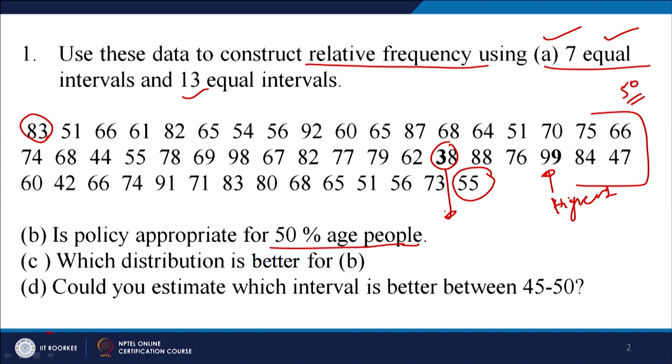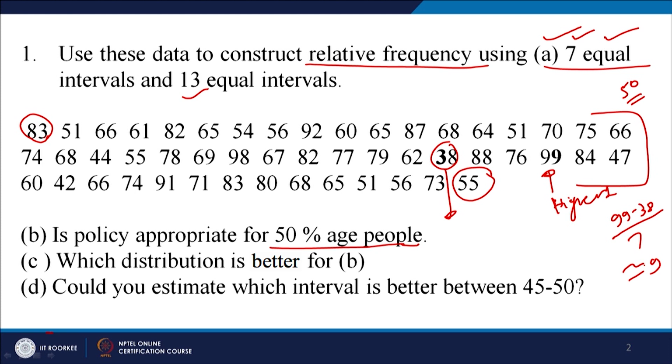So, the difference between these two, 99 minus 38, divided by how many equal intervals you want? 7. So, divided by 7, it would be around 8 point something. Okay. So, let us take class interval equal to 9.